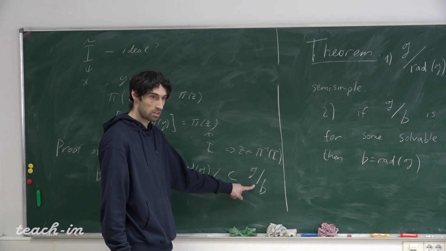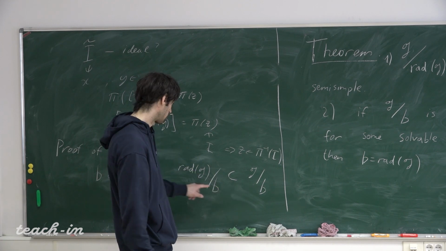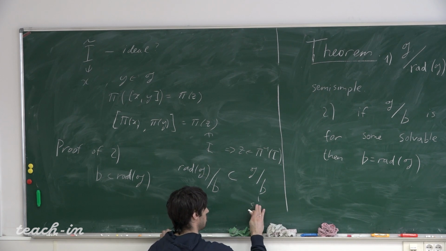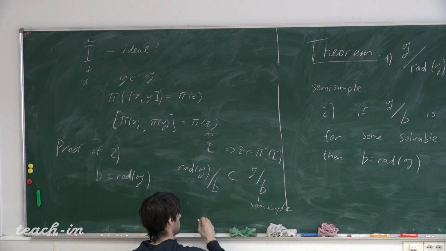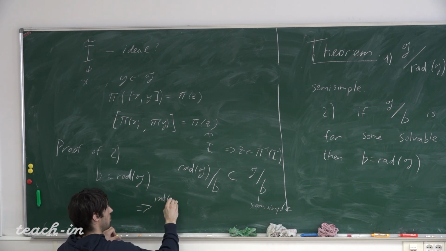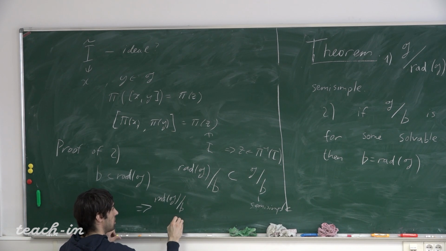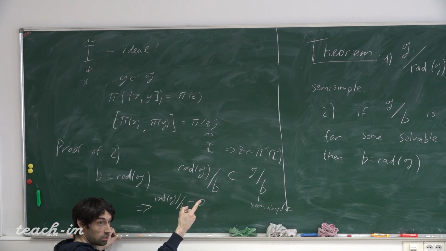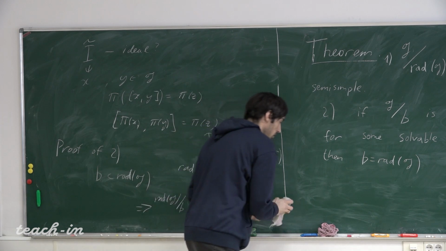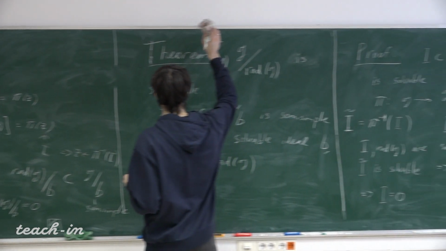But G quotient by B is semisimple. So therefore, this one is 0. Therefore the radical of G over B equals 0. So therefore we have the statement that the radical coincides with B. Very well.